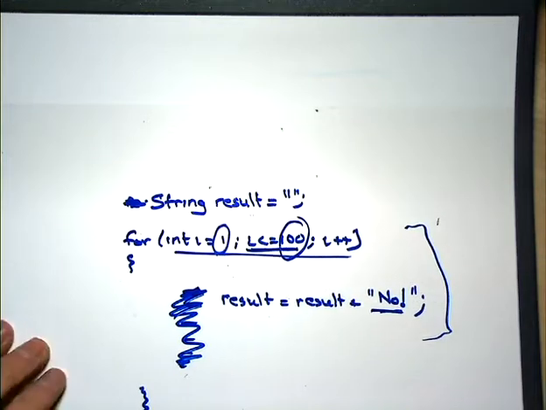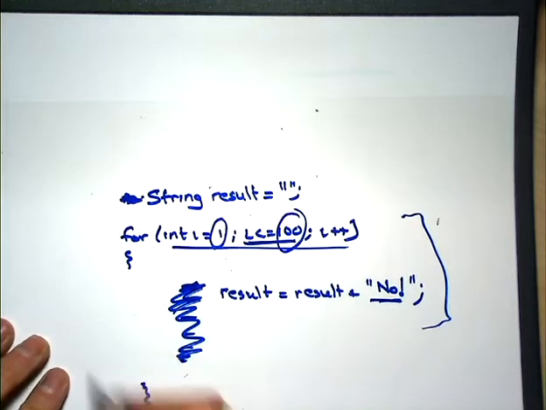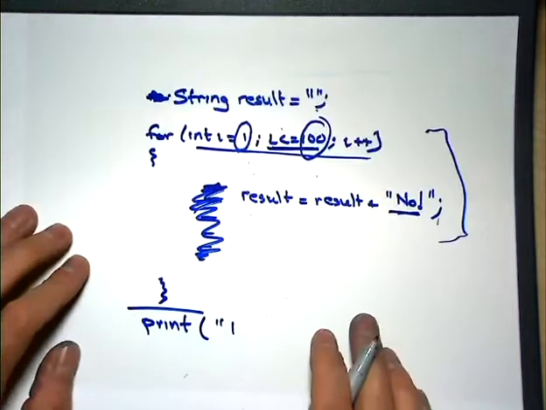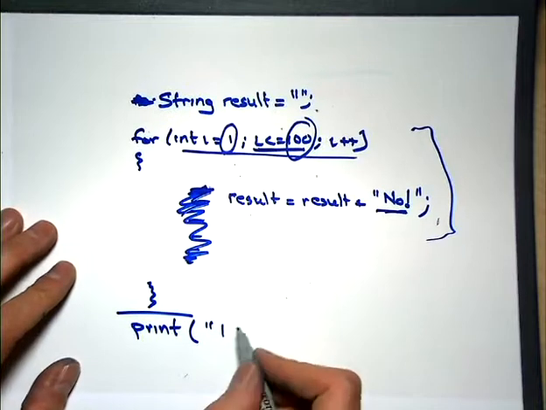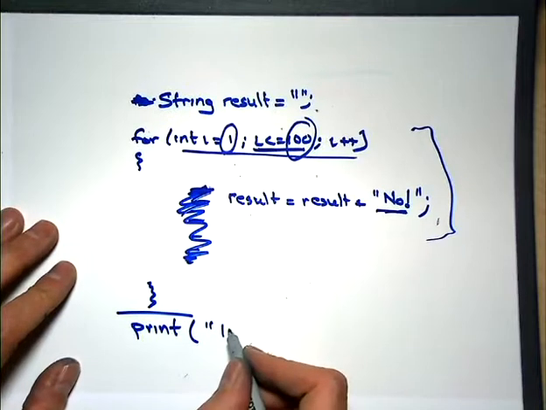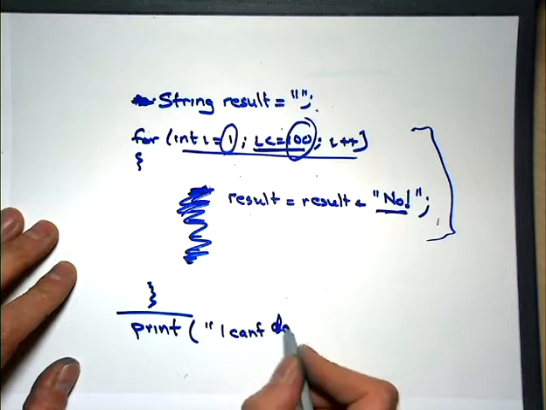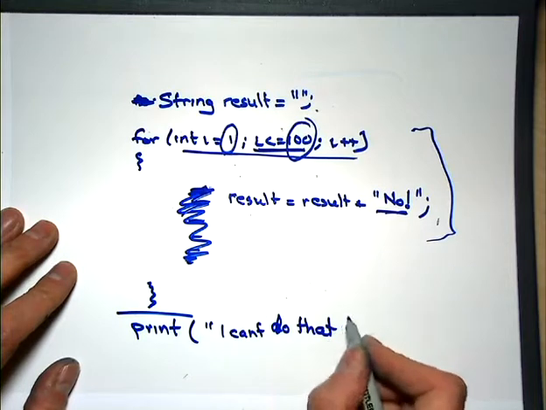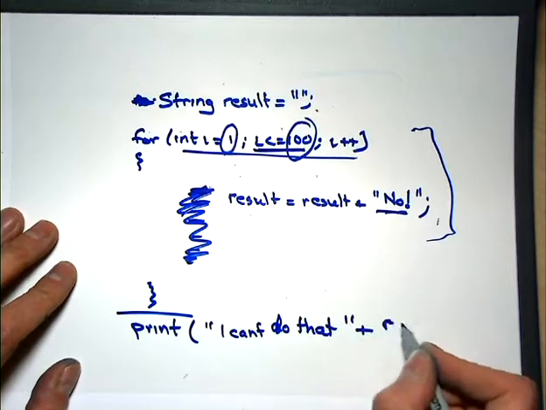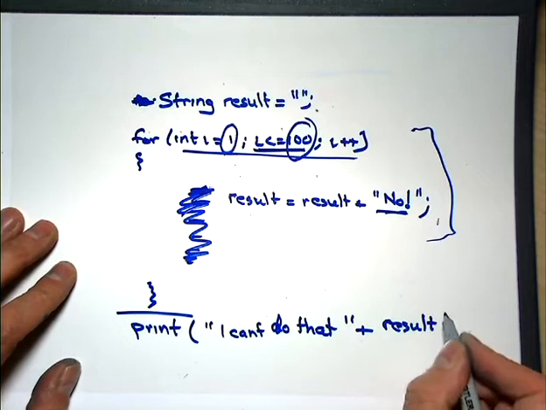And then after it's gone round the loop, so we're now outside the loop, I could now do a print statement that says "I can't do that" plus the result we've just built up, that string we've built up.